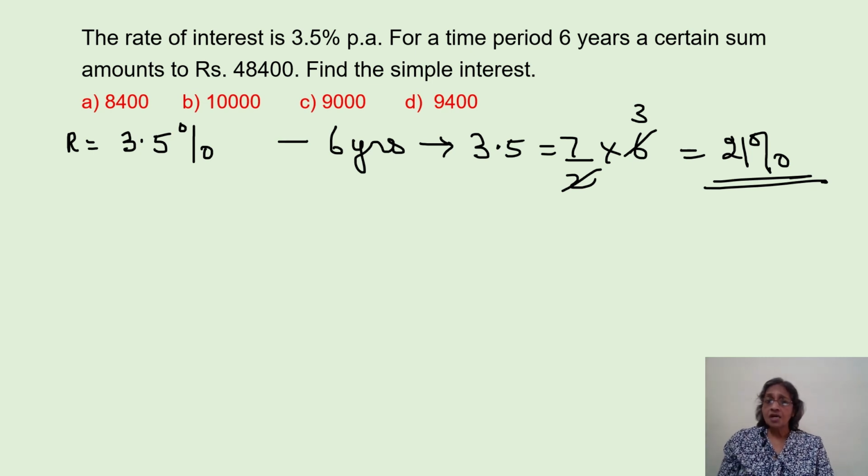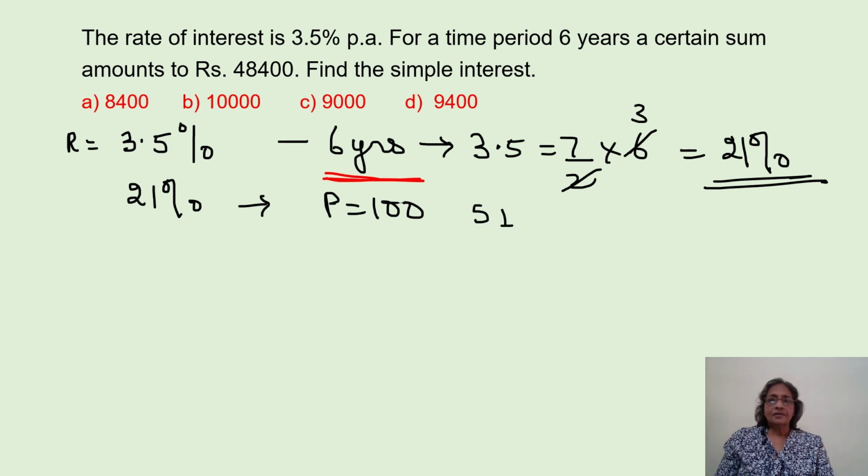Now this is for the entire period of 6 years. So what I've got here, 21%. So like the previous sum, if the principal was 100, then simple interest is 21. So the amount would become 121.